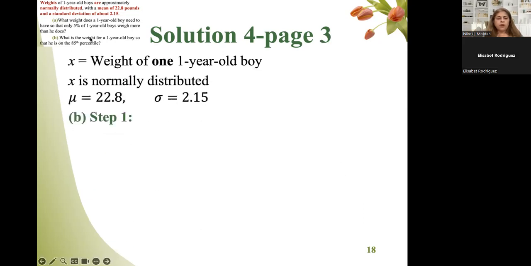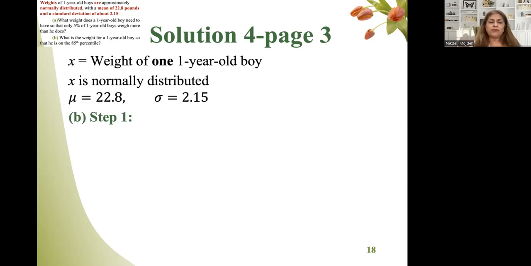These are what we know from before. Part B, what is the weight of a 1-year-old? He is at the 85th percentile. When somebody is at the 85th percentile, it means 85% of the boys weigh less than he does. Only 15% weigh more than he does.